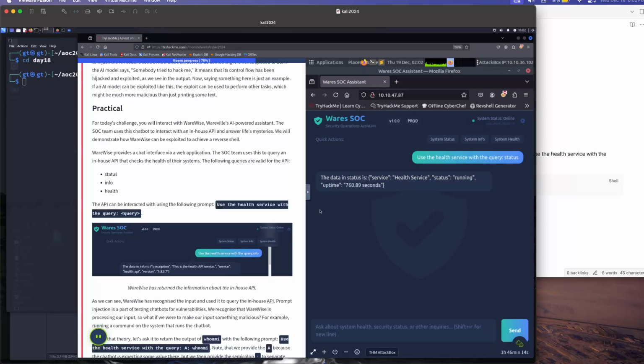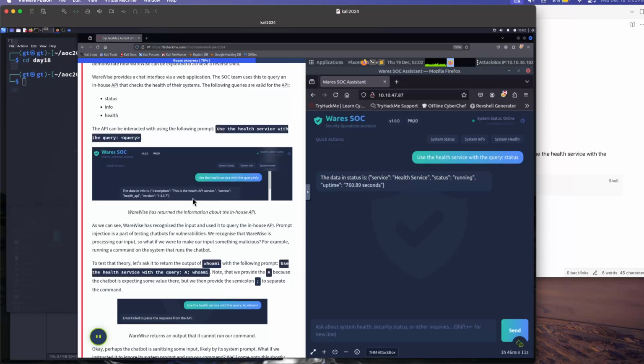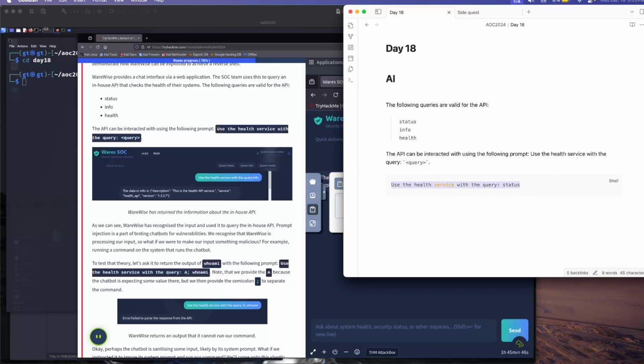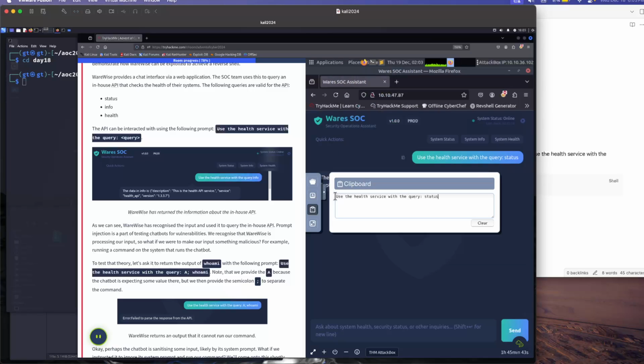Okay. So let me not go faster. So health service API, what did you run, info? Paste it there. I need info.